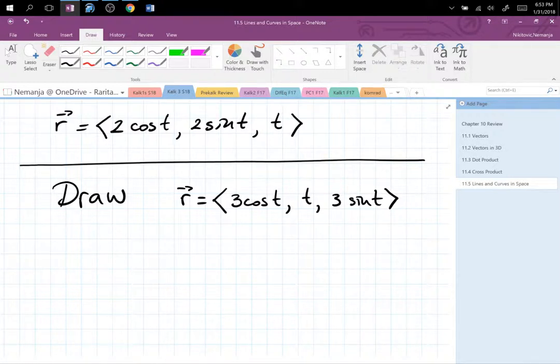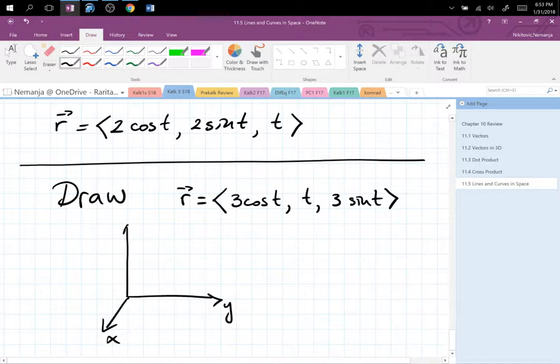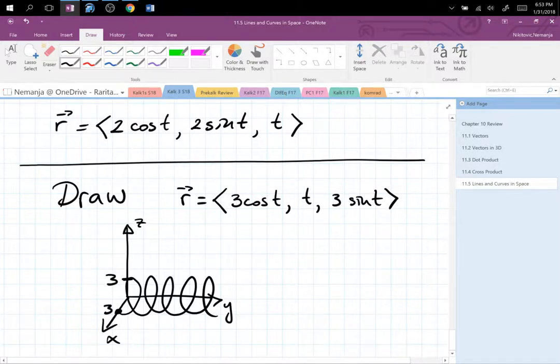So, to draw this, get our x, y, our z, and just spiral it around here. And that's all it is, right? Knowing that this height over here on the z-axis is 3 and this number over here is 3 on the x as well, right?